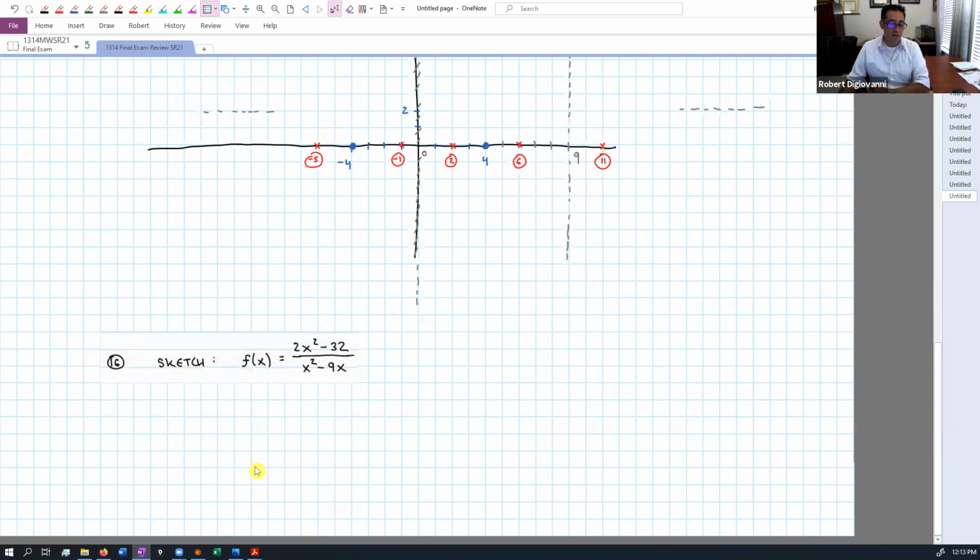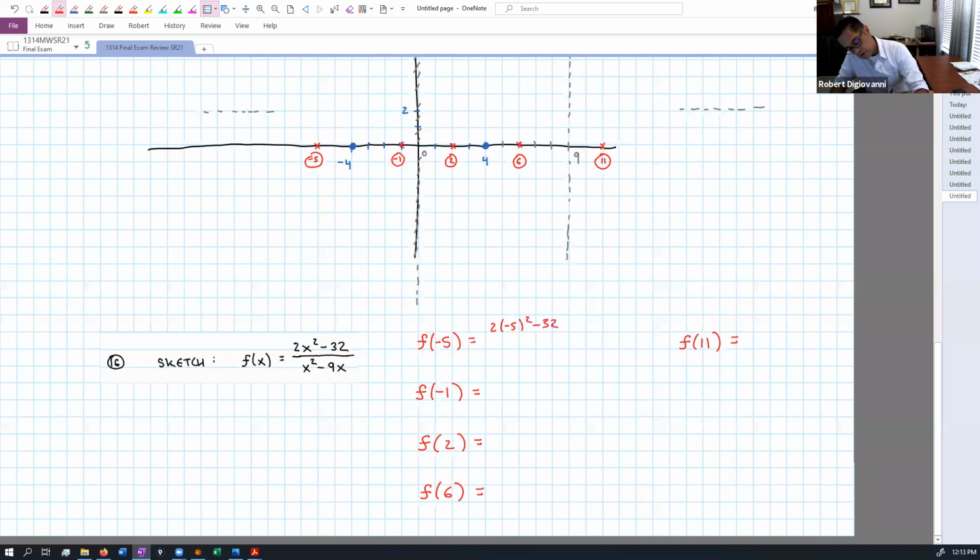And all we care about is whether or not it's positive or negative. So if I take -5 and plug in, what happens? If I take -1 and plug in, what happens? If I plug in 2, what happens? If I plug in 6, what happens? And if I plug in 11, what happens? That's what we want to know. Okay, so if I plug in -5, I'm going to do 2 times -5 squared minus 32 over -5 squared minus 9 times -5.